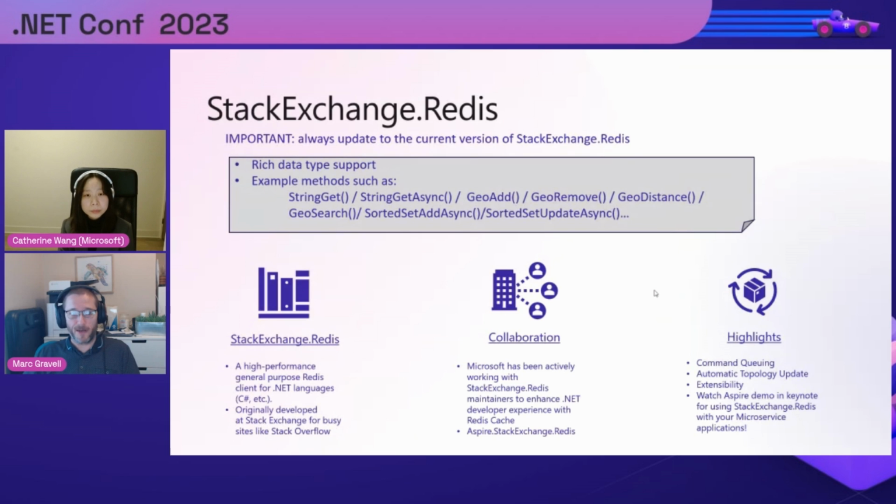So if we wanted to deal with Redis strings, which are blobs, or they can be textual or bytes, then we have a range of methods such as StringGet or StringSetAsync that we can then call to set or fetch those chunks of data from the server, or we can use the Redis lists or geographic queries such as GeoDistance, GeoSearch, all of those methods. Basically, the entire set of Redis APIs is exposed directly in the StackExchange.Redis library itself.